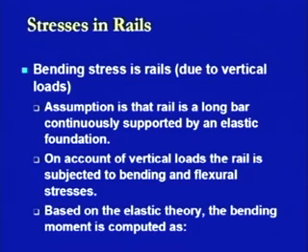Then, as we have discussed the stresses due to the vertical loads, in this case, because of the eccentricity of the vertical loads, we have seen that it may create bending stress. Now, when this bending stress is being caused, there are certain assumptions which have been taken up. One assumption is that the rail is assumed to be a long bar, and then it is continuously supported by an elastic foundation.